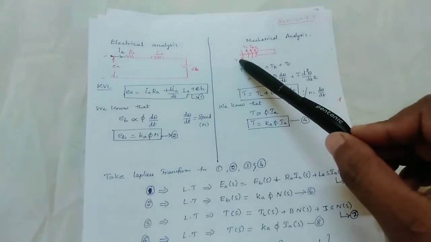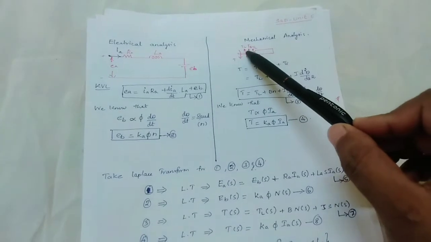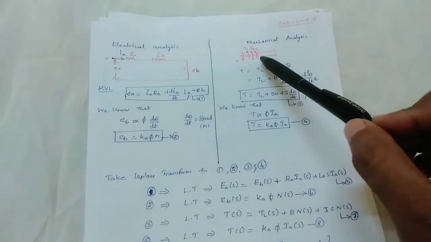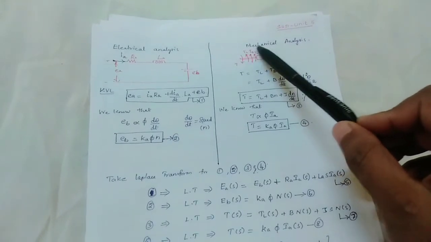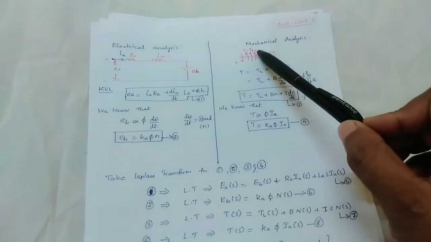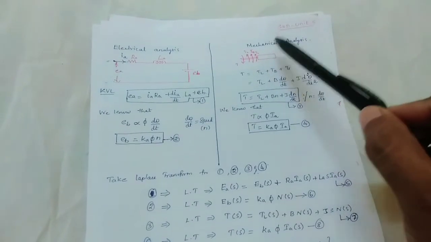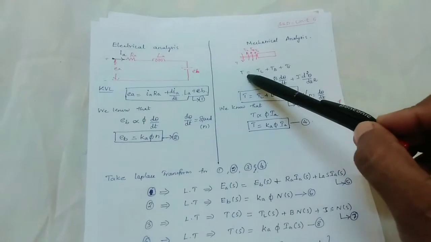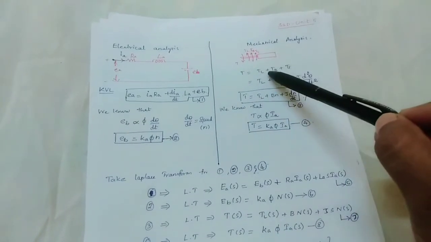So there is the torque produced by the motor T, the torque produced by the load, the torque produced by the moment of inertia, and the torque produced by the damping coefficient. This torque should be equal to all the load torques, and only then will the machine run the load. So now the torque T is equal to TL plus TB plus TJ.